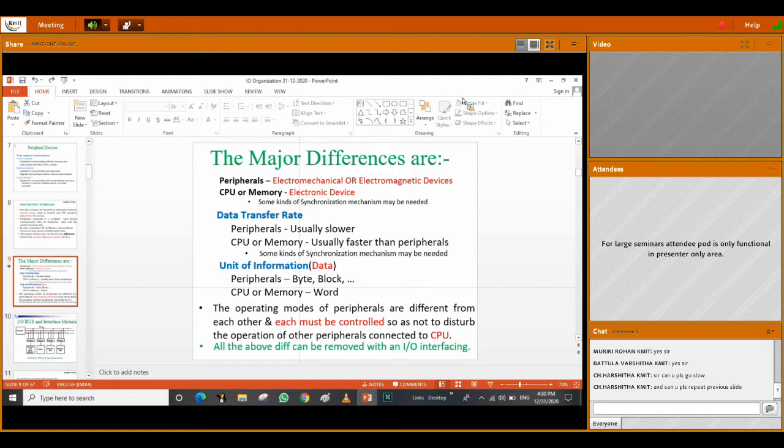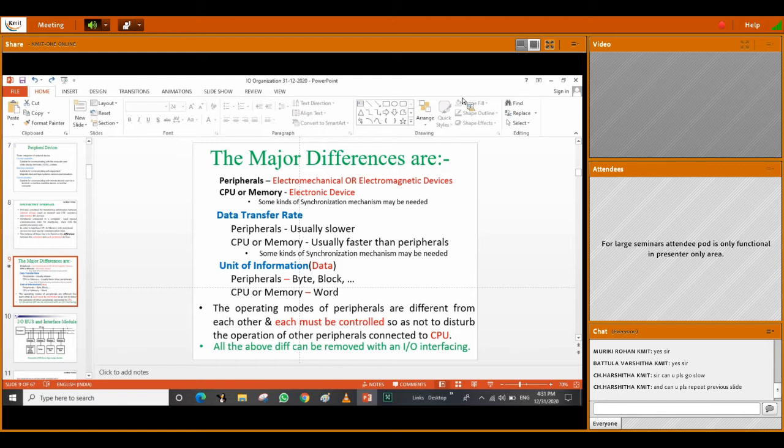What are peripherals? Peripherals are electromechanical or electromagnetic devices. The CPU or main memory is an electronic device.